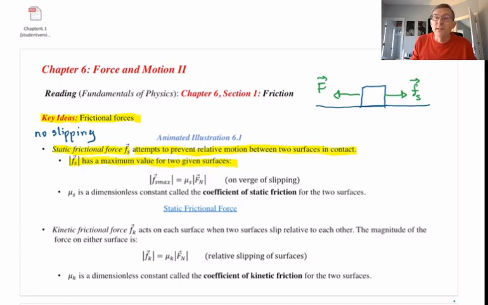So now I want you to look at this picture here of the block on the tabletop. And I'm going to change the way I label this just a little bit. I'm going to take an applied force that's pretty big, okay? And I'm going to draw in the static frictional force in a second.